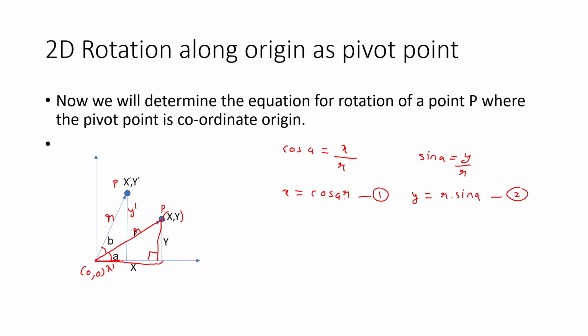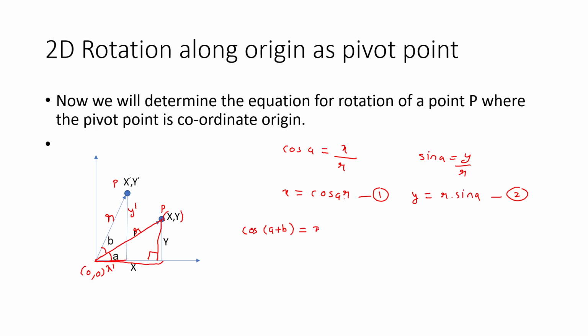To calculate the values of y dash and x dash, we can use the same formula, but here the angle has changed. Now it is going to be A and B. We have to add both of them. So let's write it down like this: cos A plus B is equal to, instead of x, now x dash.